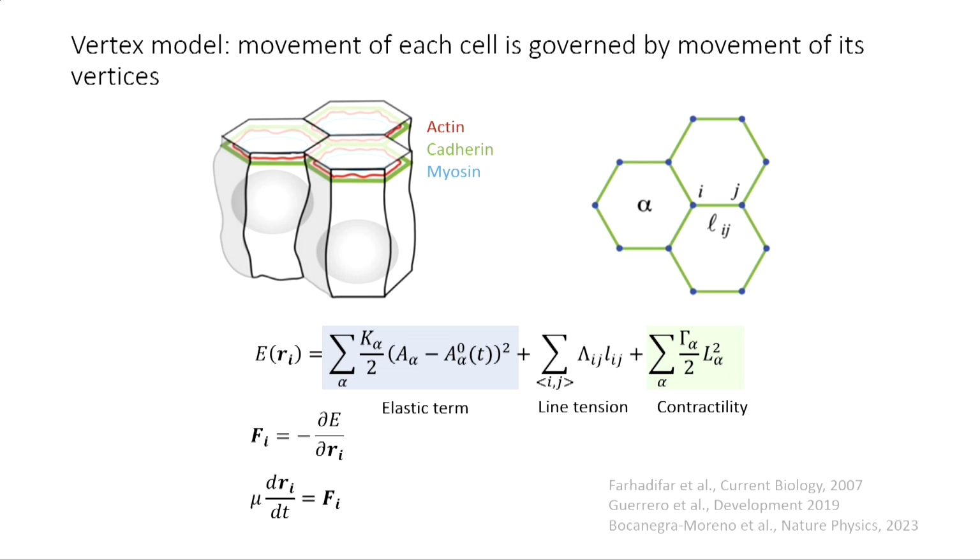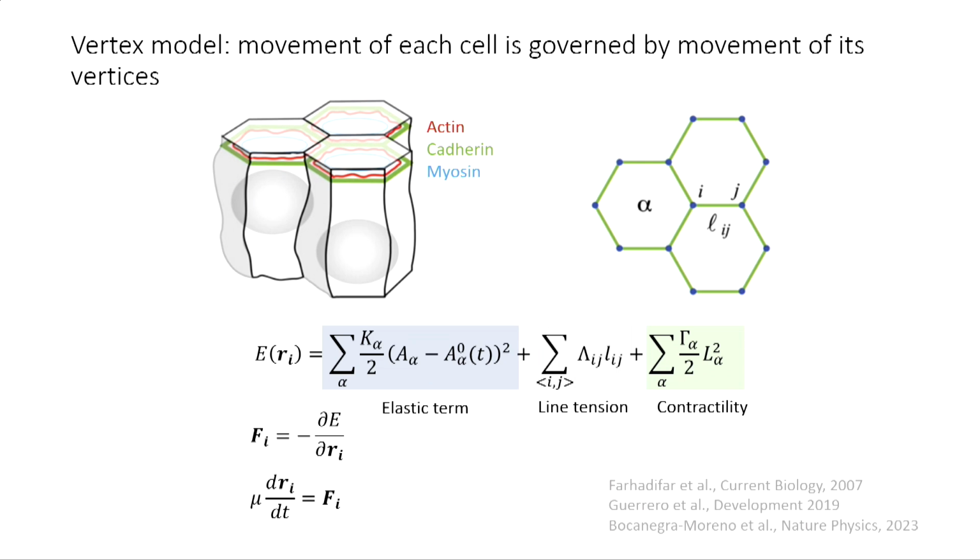But in terms of the energy function, it means that cells have their preferred area. This is this elastic term, potentially with preferred area depending on time. There is also line tension, where this is the length of the edge and this is some lambda marking the preference of cells for having either longer or shorter edges.